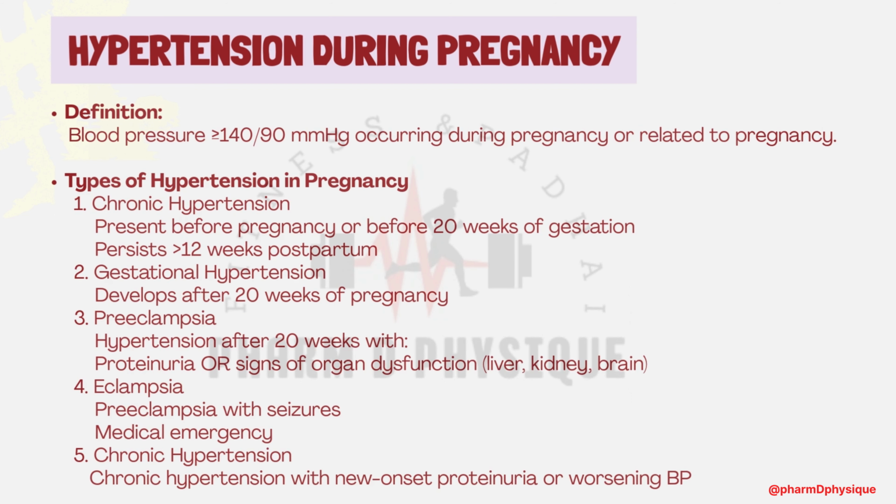Next is hypertension during pregnancy. This is the last classification, that is the last type of hypertension. High blood pressure occurs in 6 to 8% of pregnancies, and in most of these cases it is diagnosed during a first pregnancy.